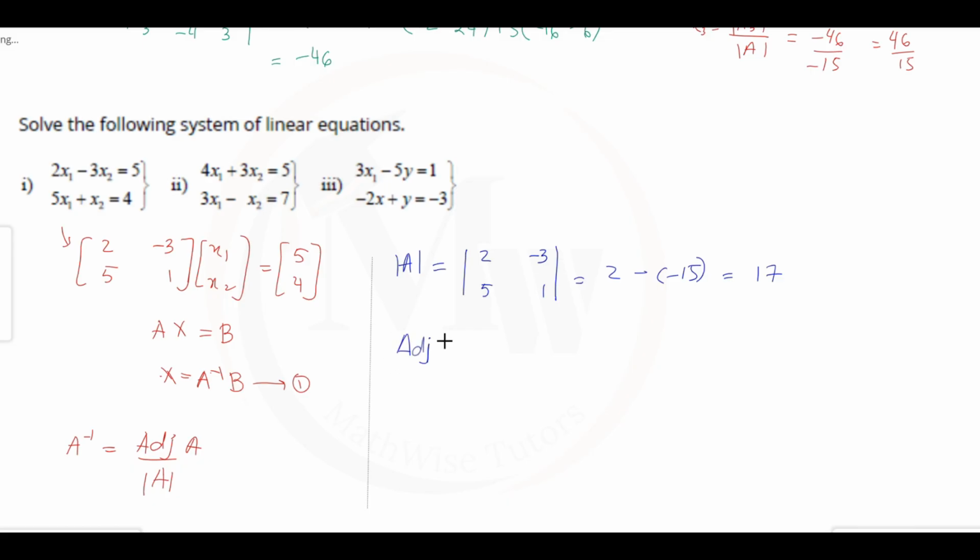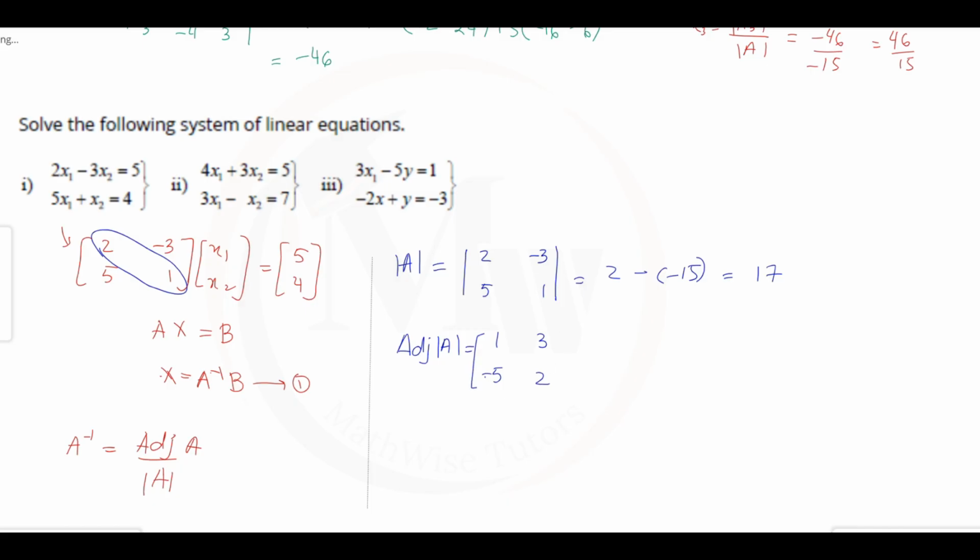What is the adjoint of A? The adjoint of A can be found by just swapping the positions of the diagonal elements and changing the sign of the non-diagonal elements. The diagonal elements are 2 and 1. If we change their positions, it becomes 1 and 2 instead of 2 and 1, and change the sign of the non-diagonal elements, which will be 3 and -5.